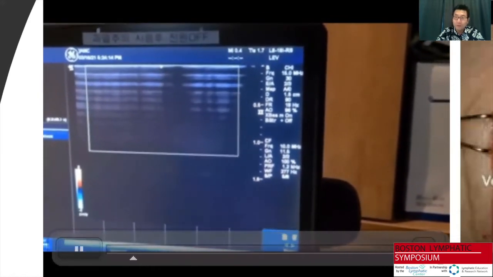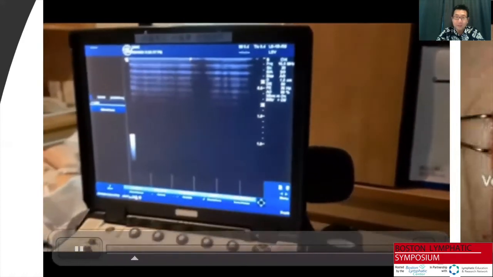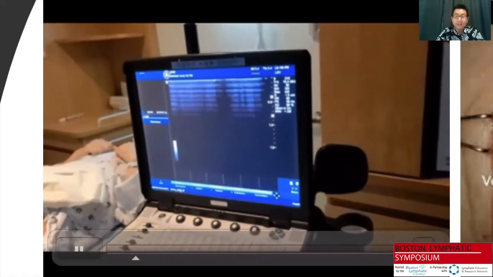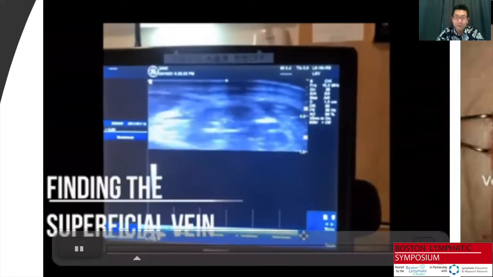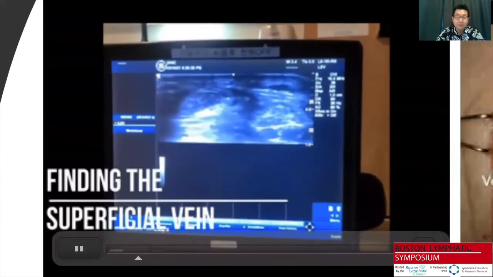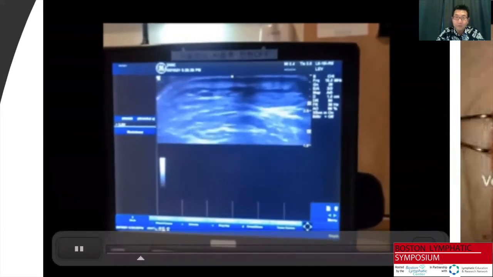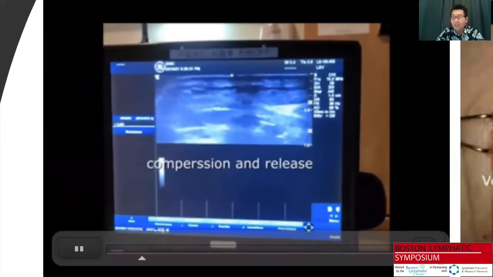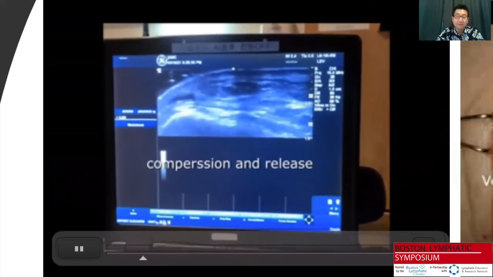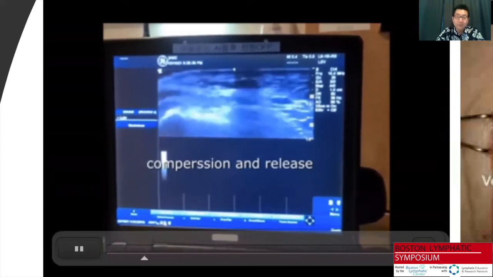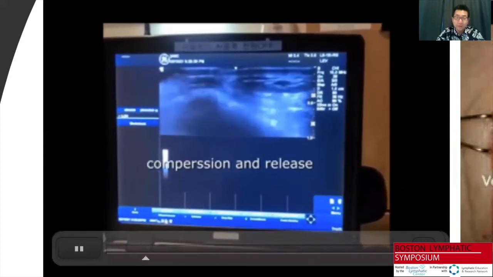Once we find the lymphatics, we like to set to a color mode to find the accompanying vein, which is nearest to the lymphatic vessel. First of all, we'd like to identify the superficial vein, because we know near the superficial veins there is a high chance of having a lymphatic vessel. In order to actually see the vein, we like to do the compression test.